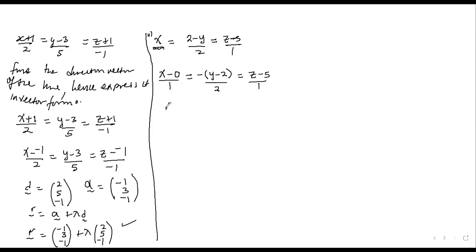But finally, this becomes x minus 0 over 1 is equal to y minus 2 over negative 2 is equal to z minus 5 out of 1. So therefore, our direction vector is going to be 1, negative 2, 1. Our known point is going to be 0, 2, 5.